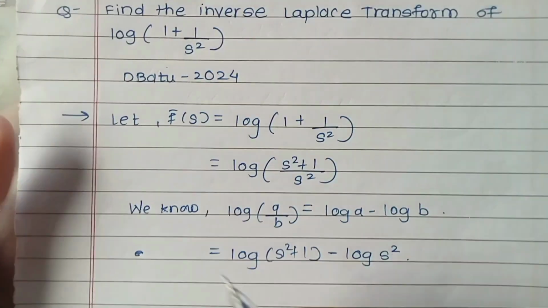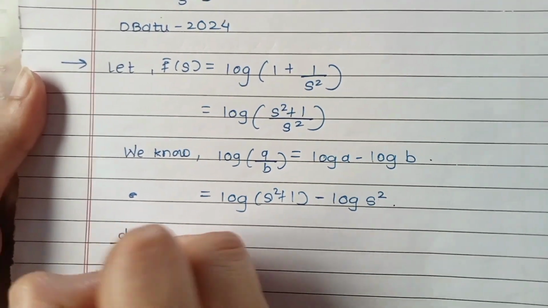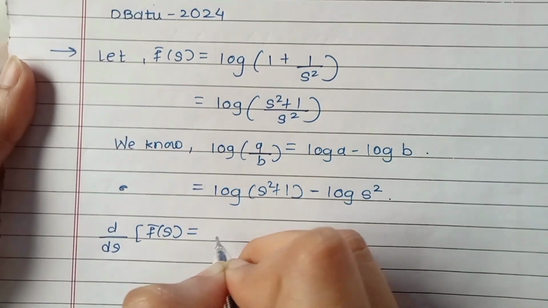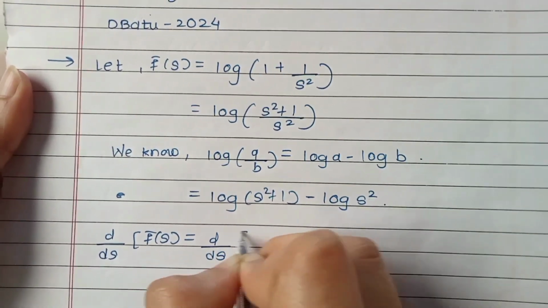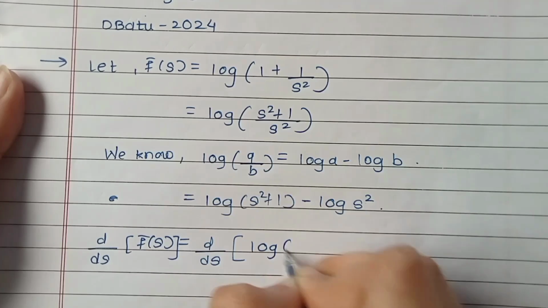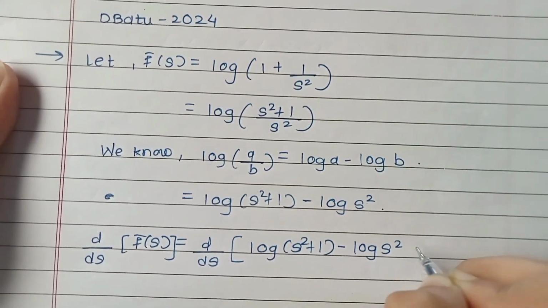So now we'll take the derivative of these terms, that is d by ds of f bar of s is equal to d by ds of log of s square plus 1 minus log of s square.